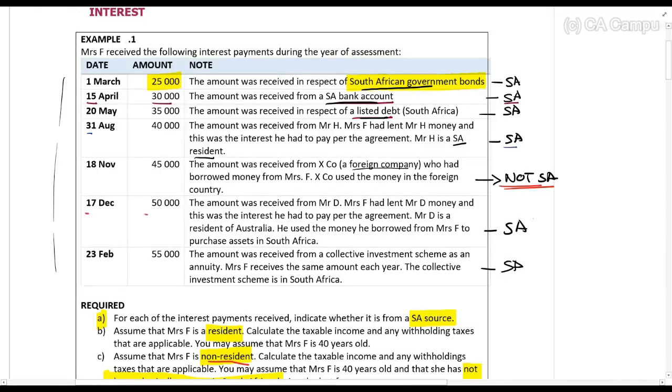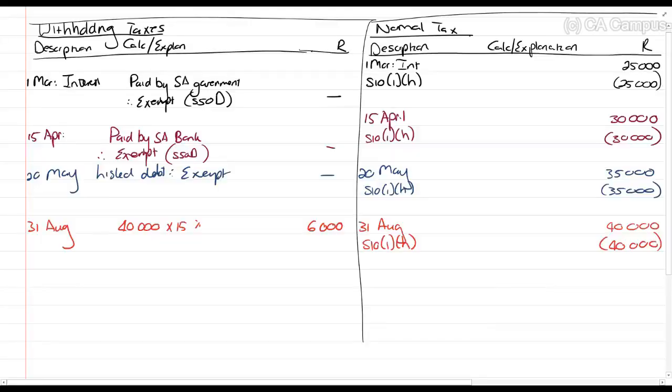Then 18 November, 50,000 rand, not a South African source. We are looking at a non-resident. So the 18th of November, it's not a South African source. So there's nothing for us under normal tax, and under our withholding tax, not a South African source.